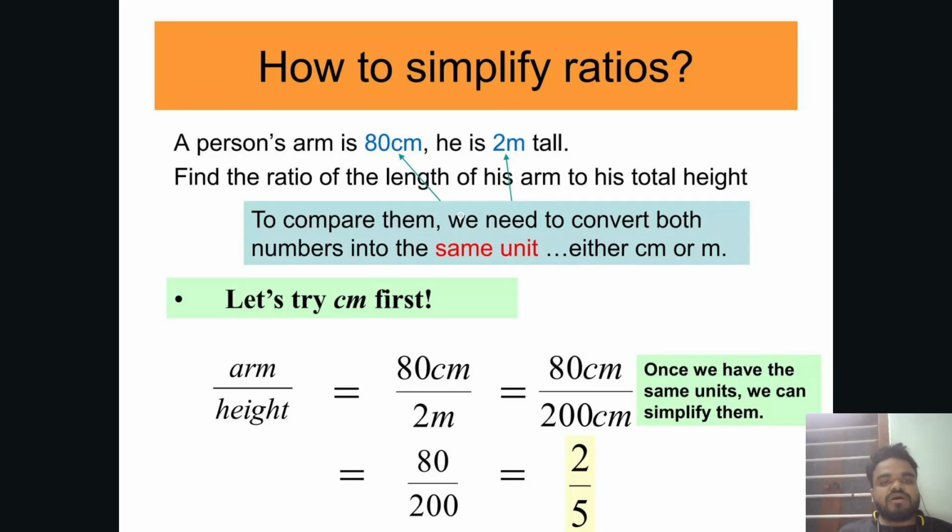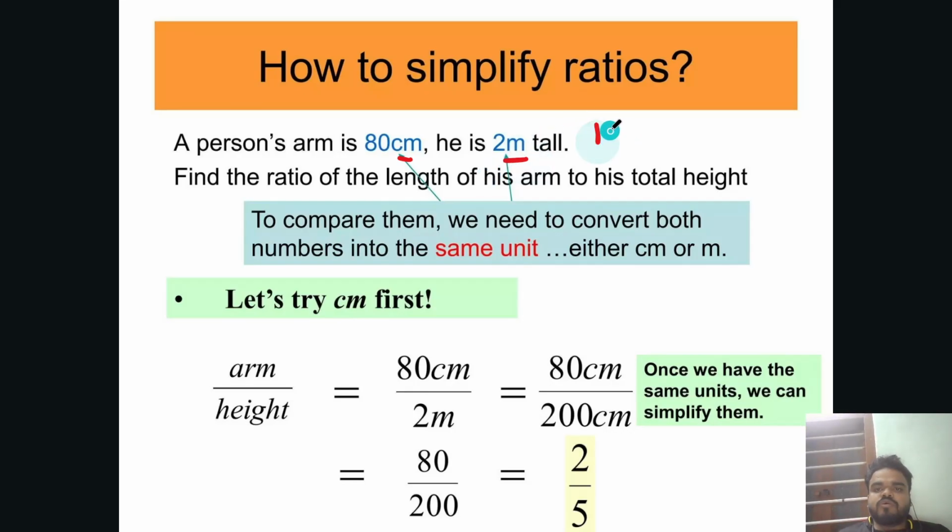A person's arm is 80 centimeters and he is 2 meters tall. In the beginning I told you, in order to simplify any ratio, it should be in the same unit. Even though centimeter and meter both measure length, they are not the same.